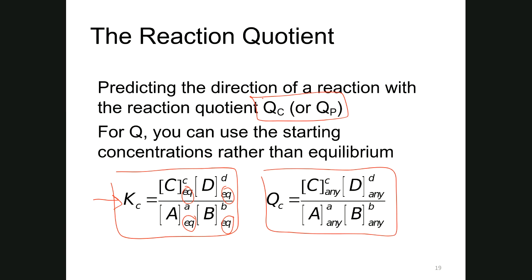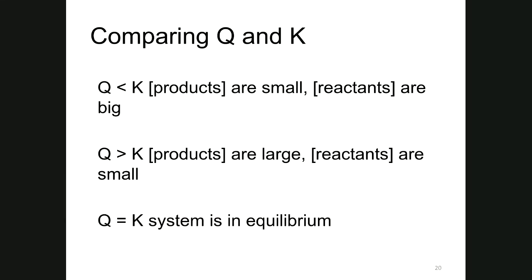But in order for us to figure out if we have reached equilibrium, we have to know what the value of K for that given reaction is. So once we find Q, again, mathematically the same way we solve for K, except that it's any point in the reaction, not necessarily at equilibrium, we can compare the value of Q to K and determine what this means.